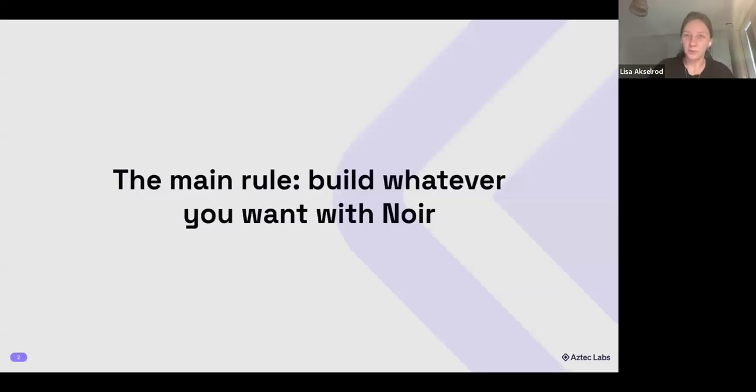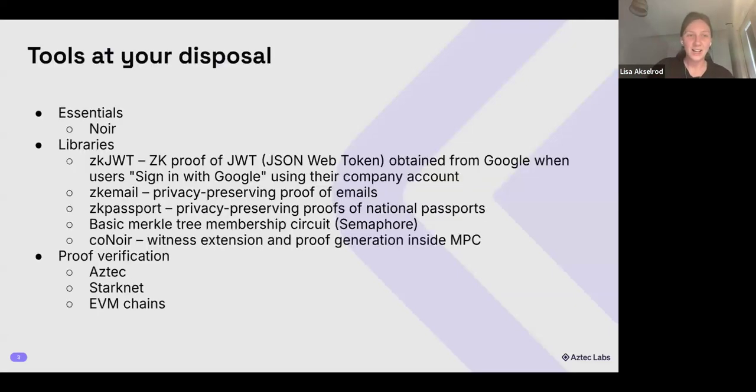So the general rule of our hackathon is build whatever you want with Noir. And there is no real rule except for that one. For some people, it can be really cool because they have a lot of ideas. For other people, it might be a problem: what is whatever, how to come up with whatever? That's why we'll look at this from two perspectives.